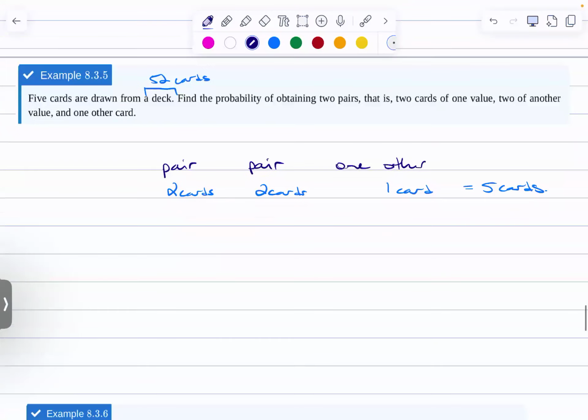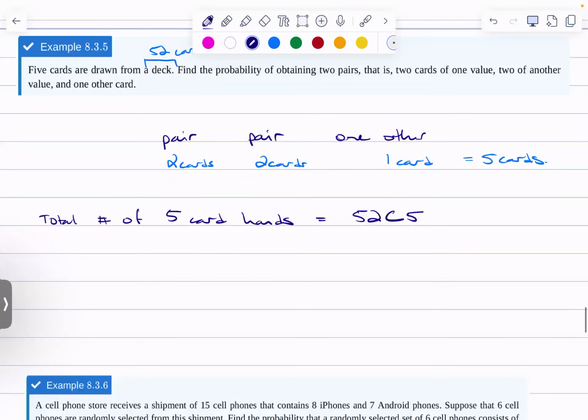So first, the total number of 5 card hands out of 52 is going to be 52 choose 5. It doesn't matter, just how many ways could I draw a hand of 5. So 52 choose 5. And I'm just flat out using my calculator now.